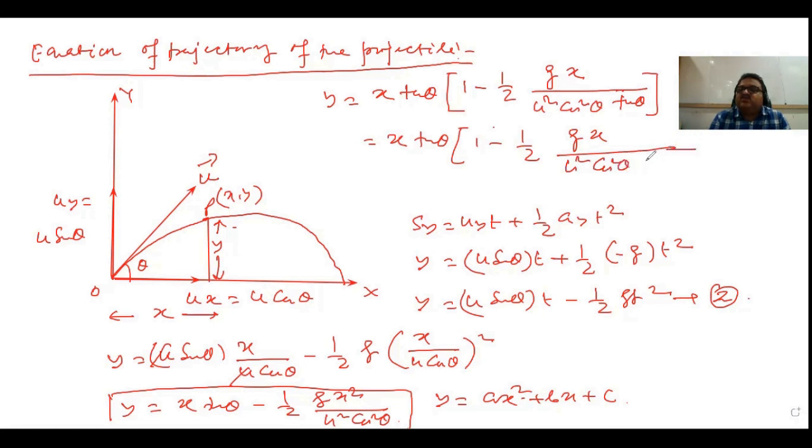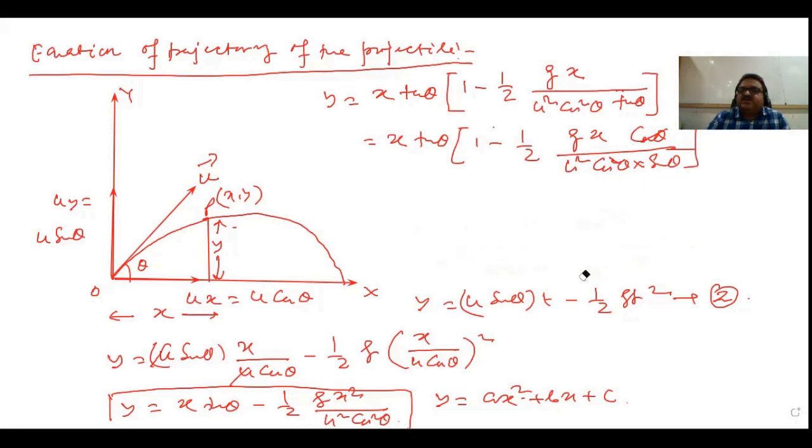Now, tan theta is sin theta by cos theta, so one cos theta can get cancelled with this. And if it gets cancelled, I can replace this in this one.